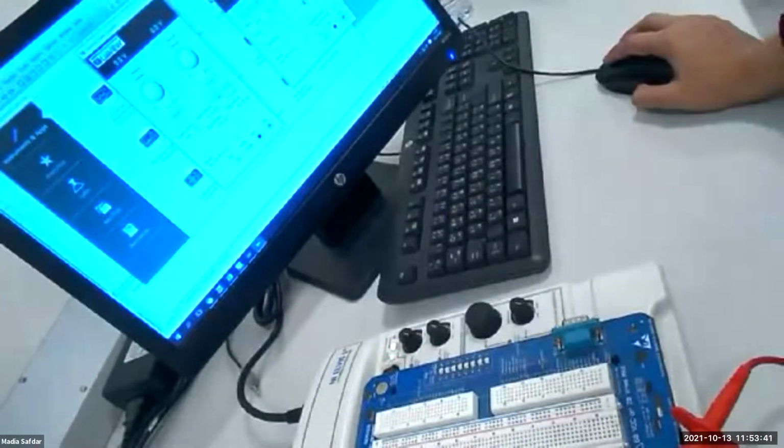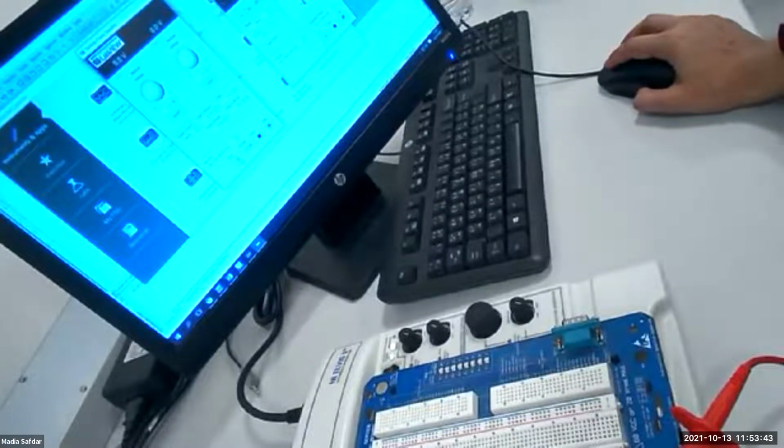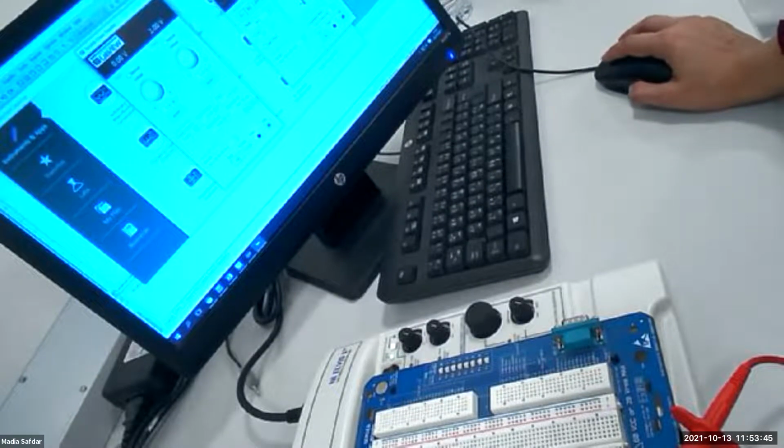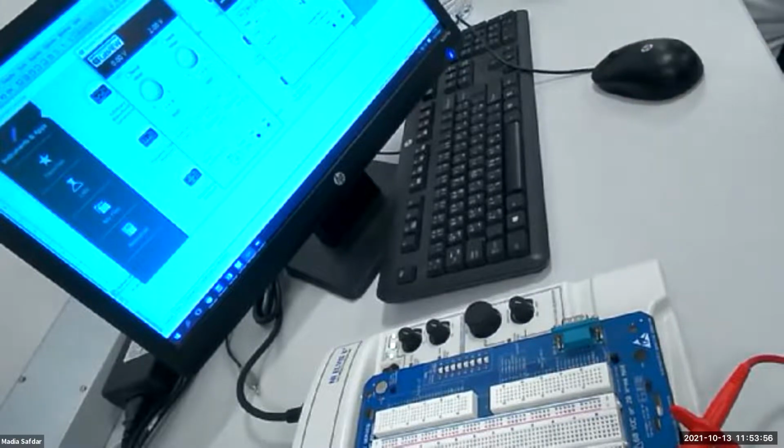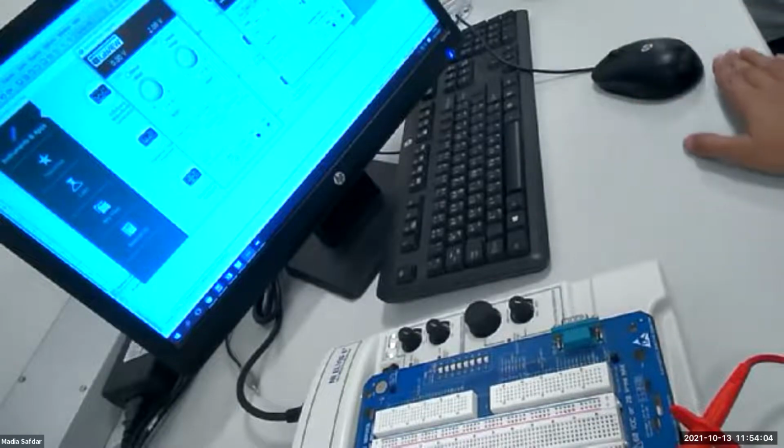I will choose 2 volts. Then I will run the simulation, and on the other digital meter side, I will choose DC volt. Then I will run it. You see this is 1.996 volt. This is approximately 2 volts, and you got the same reading. We had 2 volts.